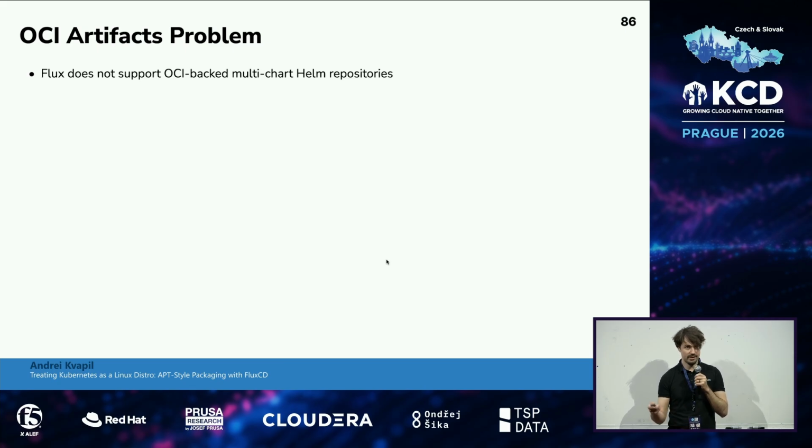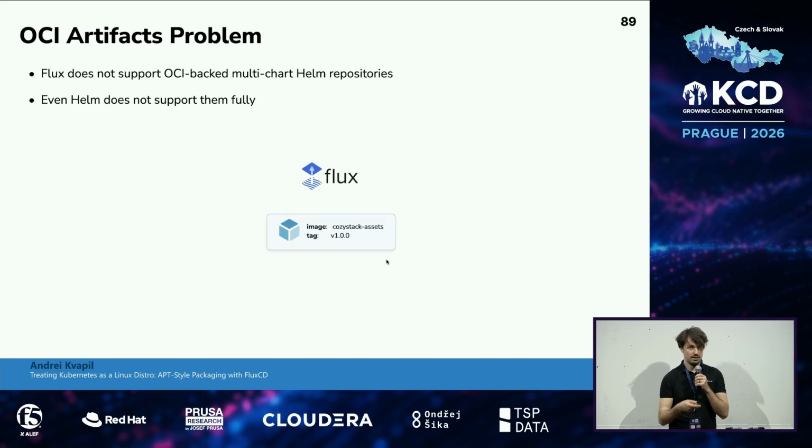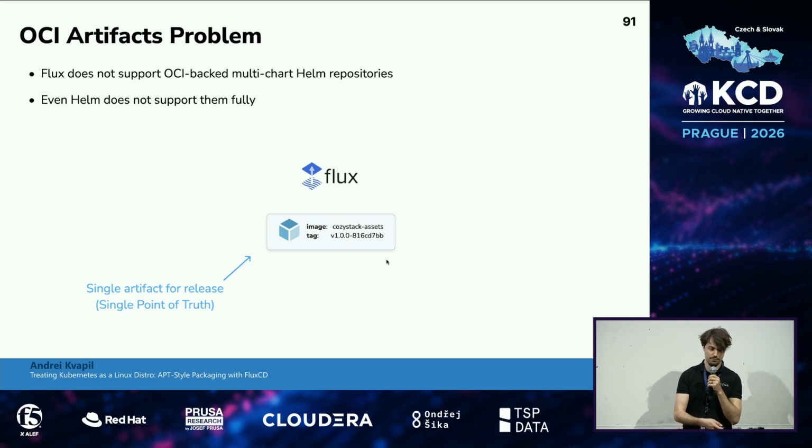backed multi-chart Helm repositories. Even Helm does not support them fully. When Helm introduced their OCI support, they also changed the behavior from repositories to single packaged charts. So we can't just create a single image with some version, which is a single artifact and single point of truth for our platform.